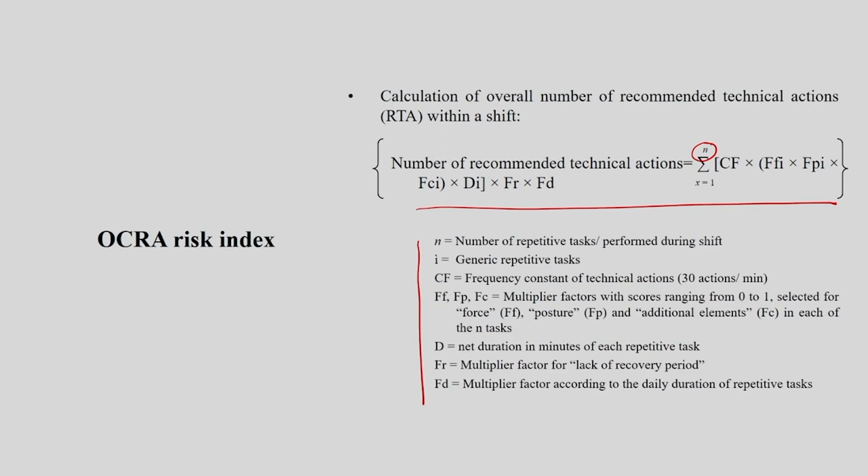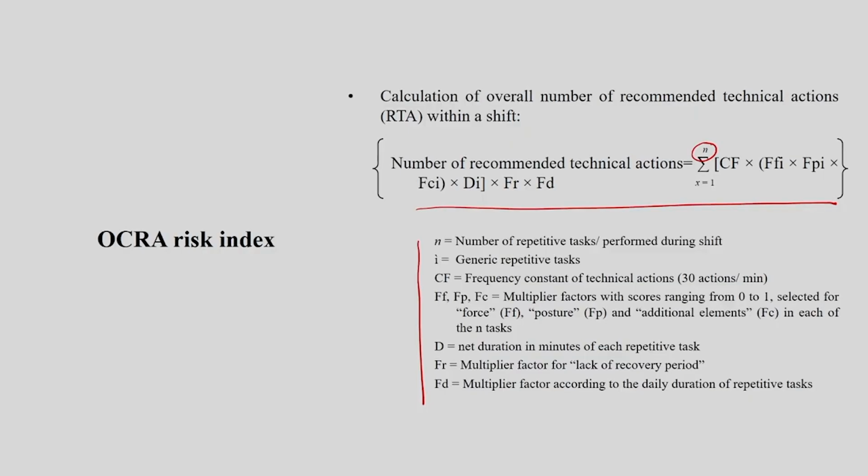What is FR? FR is a multiplier factor. You must be remembering that concept of multipliers from NIOSH and JSI. Similarly, here also we have the concept of multiplier. These are all pre-computed. FR is the multiplier factor for lack of recovery period. This is very important. As I mentioned earlier, the OCRA index considers the recovery time.